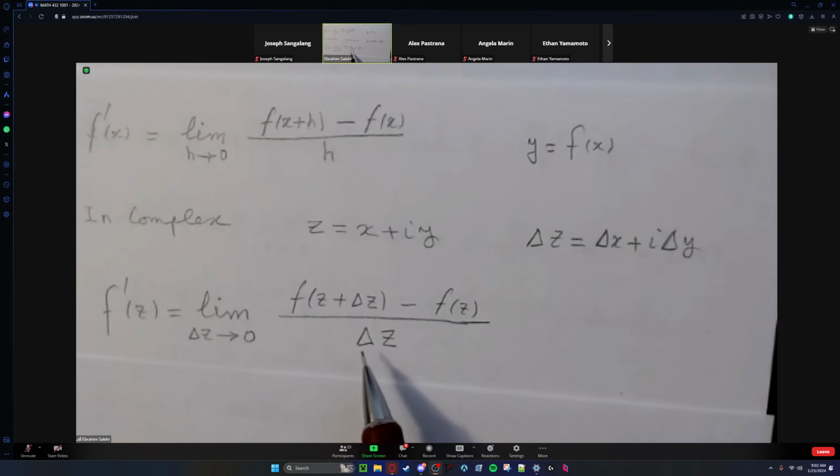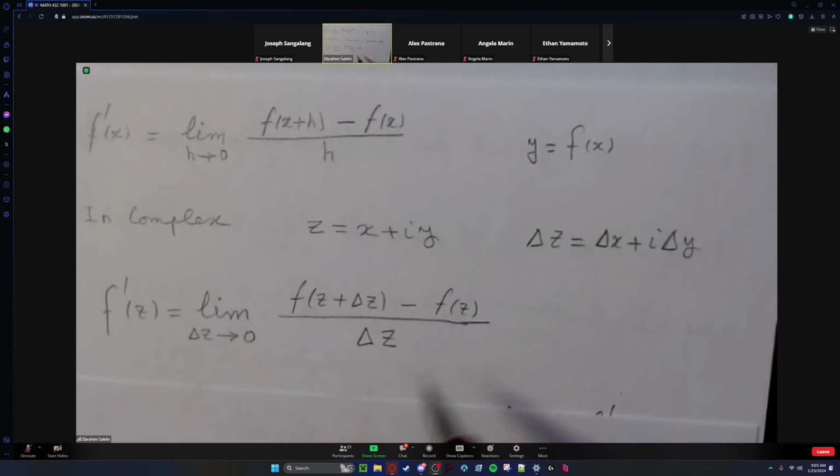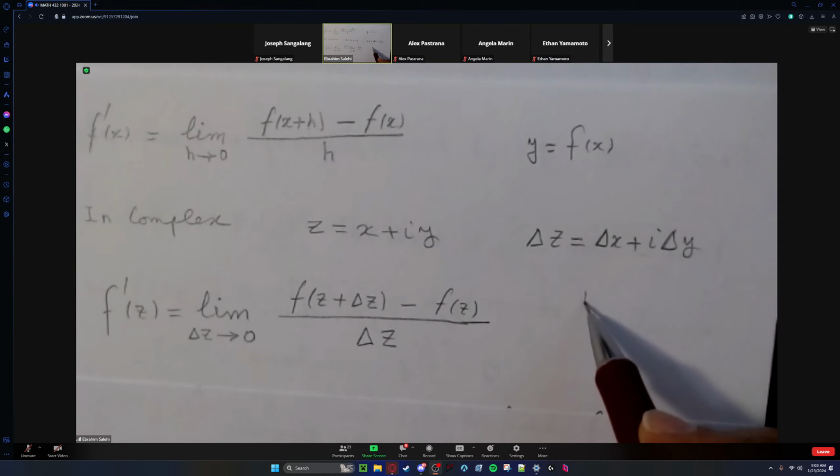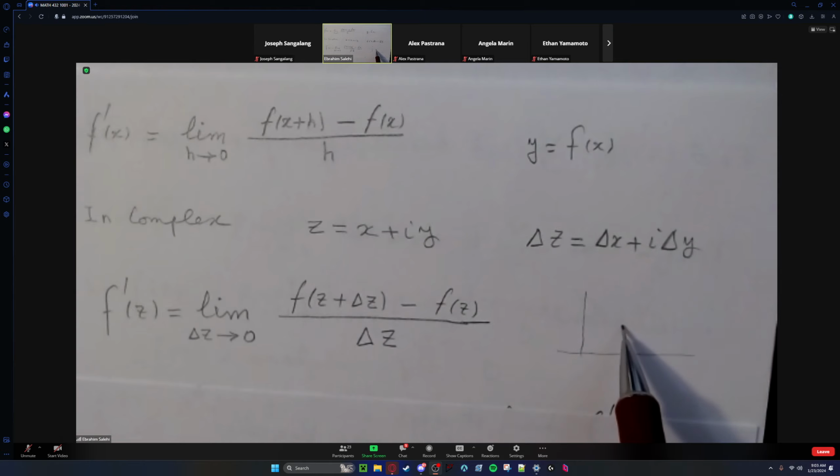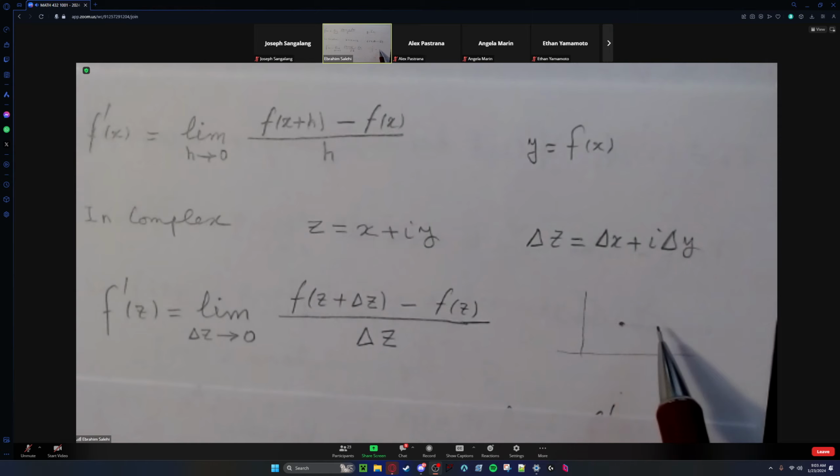Okay? Now, here the domain is one-dimensional, but in this case the domain is two-dimensional. So if this is z, you go a little bit to the left or right and up and down. So this is delta z, which is delta x plus i delta y.